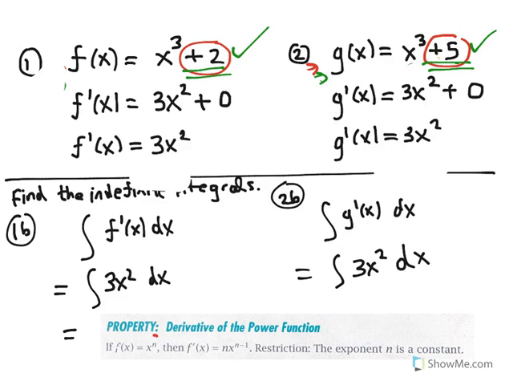For the power rule, you took the exponent, brought it to the front, and subtracted 1 from the exponent. And that's how you found the derivative of f of x is equal to x cubed plus 2. You took the exponent 3, brought it to the front, and subtracted 1 from 3 to get 2 for the new exponent. So if you want to reverse that, you have to undo those steps in the reverse order.